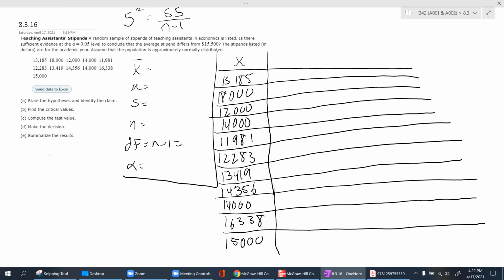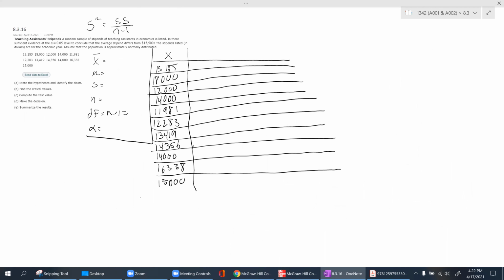One thing I want to go ahead and find now is X bar, which is equal to the sum of my X values over N. That is going to be adding all these up, and let's see what we get. I got 154,562 divided by N, which is 11, since my degrees of freedom is 10.